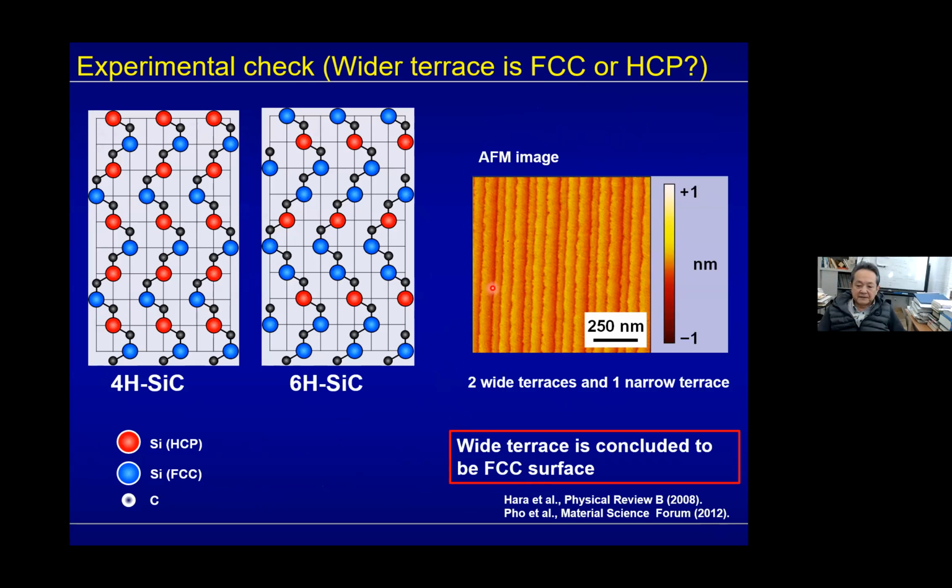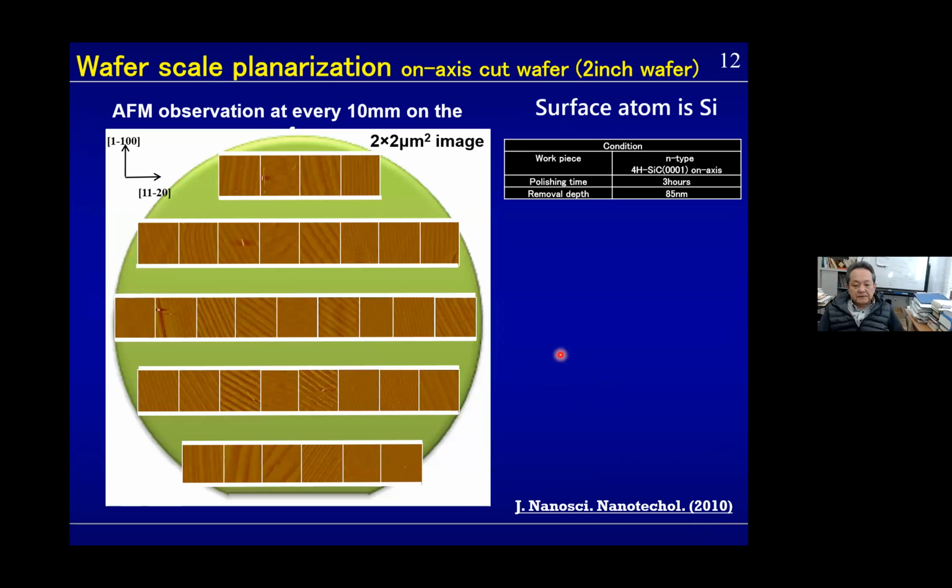And we concluded that this kind of strange step and terrace structure is depending on difference between FCC layer and HCP layer. And we can realize this kind of surface in wafer scale. And this kind of wafer is very important, as I mentioned in the introduction.